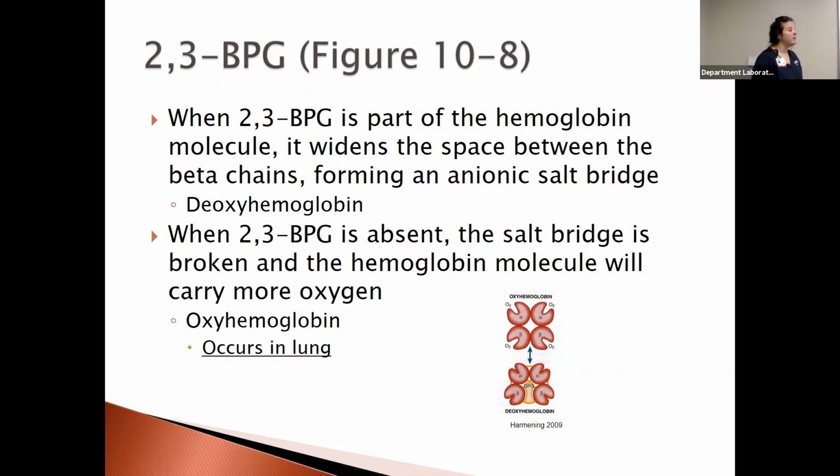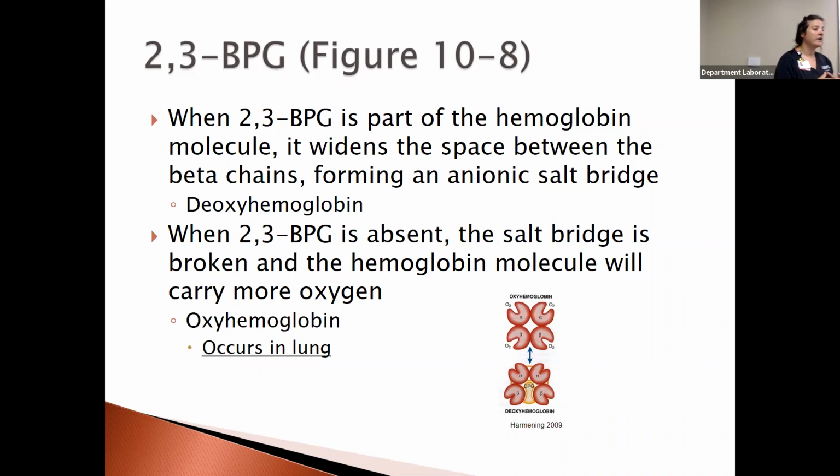When 2,3-BPG is present, it cannot transport oxygen, all right? So what's going to happen as one of the oxygen molecules is incorporated into the globin or the heme, it's going to break that 2,3-BPG bridge. 2,3-BPG is not big enough to expand once oxygen is incorporated.